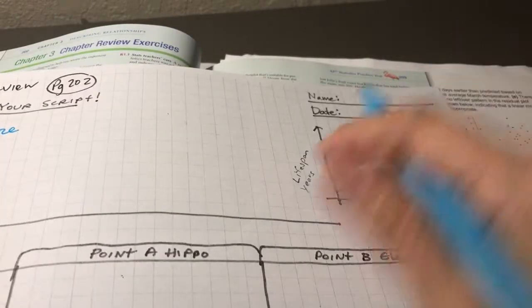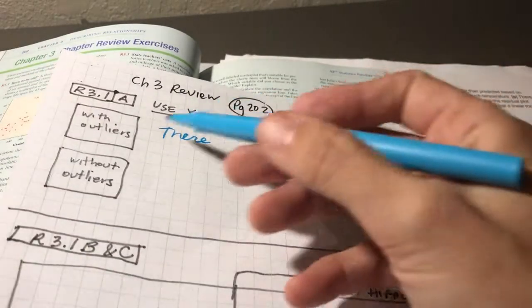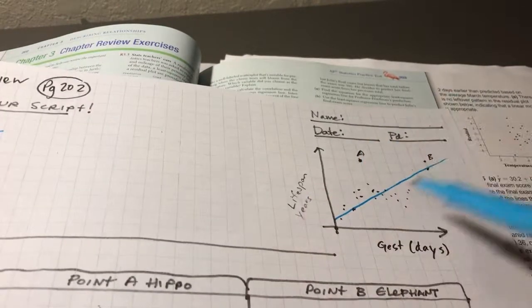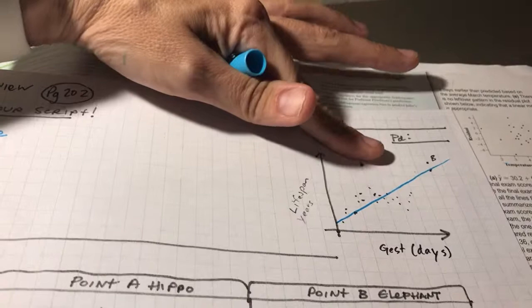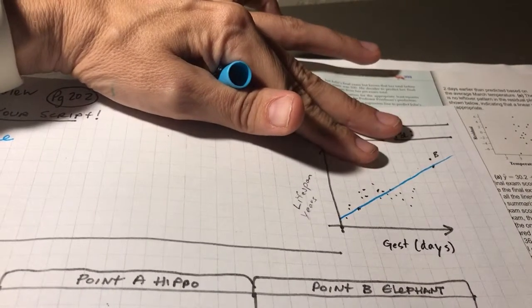I am a little worried though. With these outliers, I am a little worried that maybe when I made that line of best fit, just kind of guessing, I was kind of ignoring this.